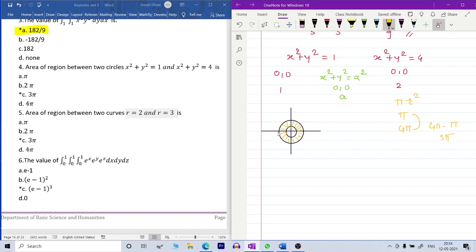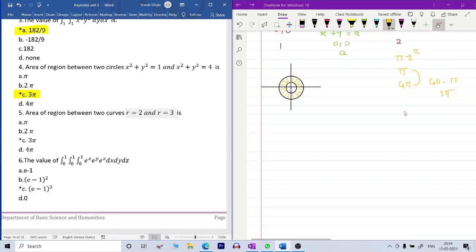That is, area of the outer circle minus area of the inner circle, we get the region. So this is our answer, 3 pi. Okay, no need to calculate here by using integration. Simply we can use the formula for circle, because these are circles and we can use the result of the area of a circle. Okay, let's solve your next example.